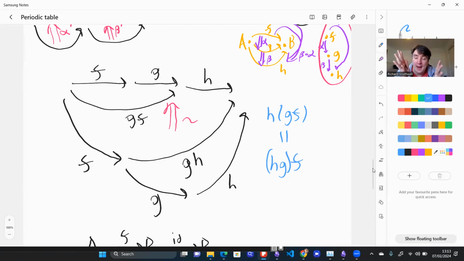But what happens in a bicategory? I'm just giving a rough idea of the thing. The basic idea is that instead of having this as an equation, we have this as a natural isomorphism.